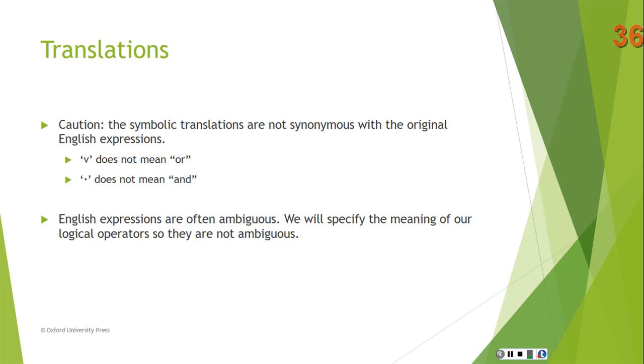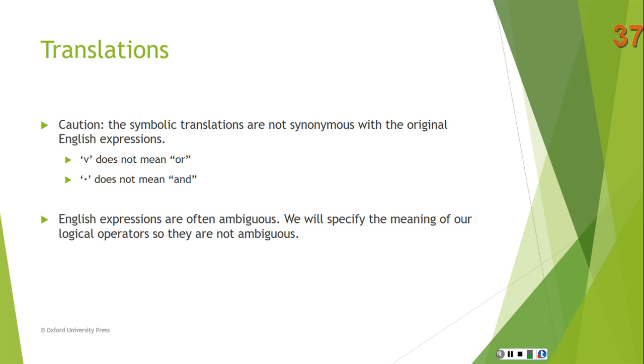It's like if you didn't know Chinese, but you learned that happy is translated into Chinese by a certain symbol. Well, we haven't given you the meaning of the symbol. We've just told you how to translate the word happy in English into the Chinese symbol. Okay? So here, I haven't told you what wedge means. I haven't told you what dot means.